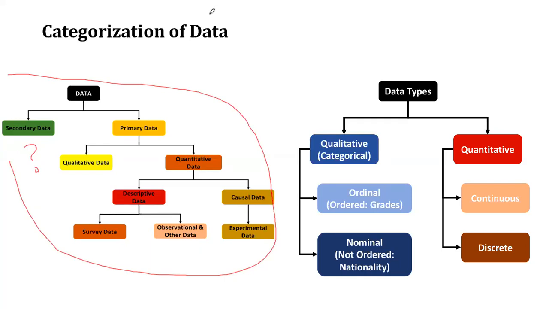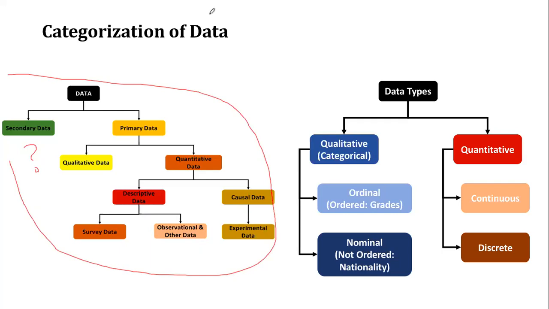For example, the number of people who entered or went out from a particular home or office. You can do that by physical observation or using a digital observation like a camera. So when you collect height, weight, whatever numbers, those are quantitative data.